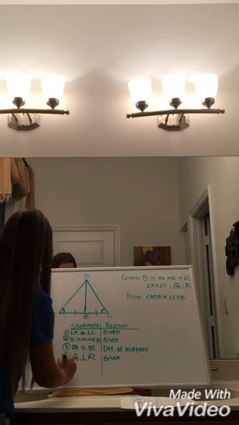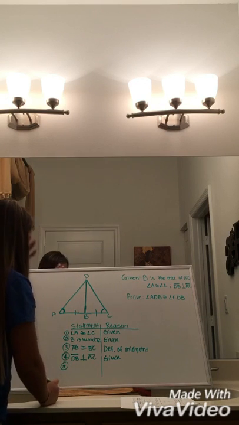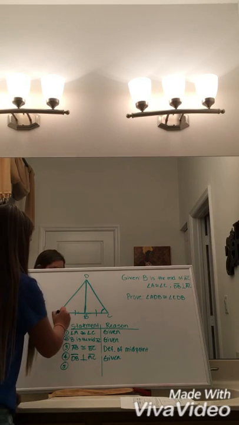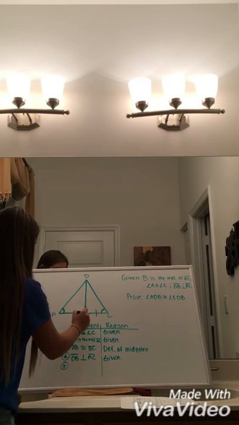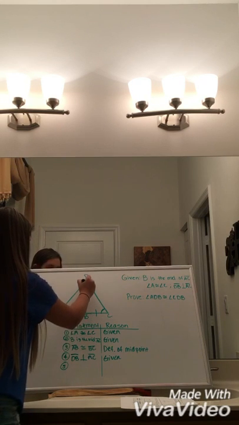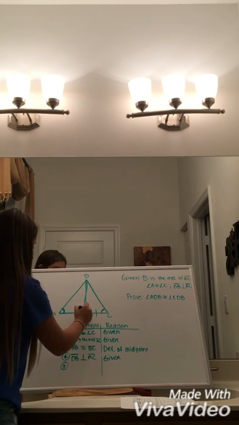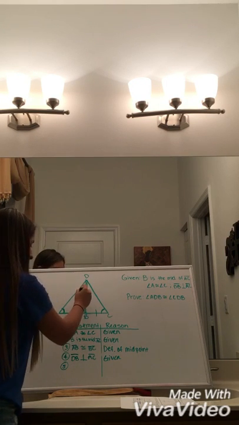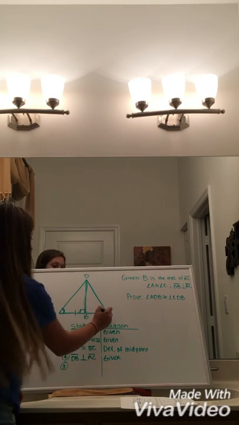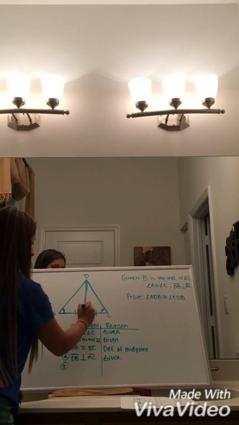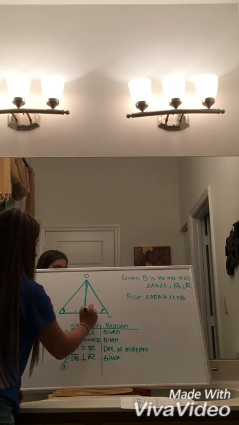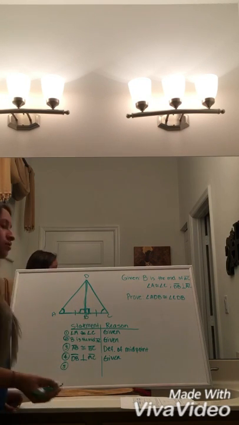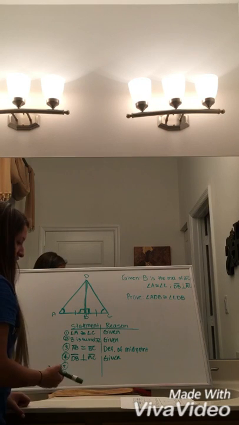So by looking at the triangle, I can tell that angle ABD is congruent. So this is a right angle. So angle ABD is congruent to angle CBD. So they both have right angles. So that can be my fifth statement.